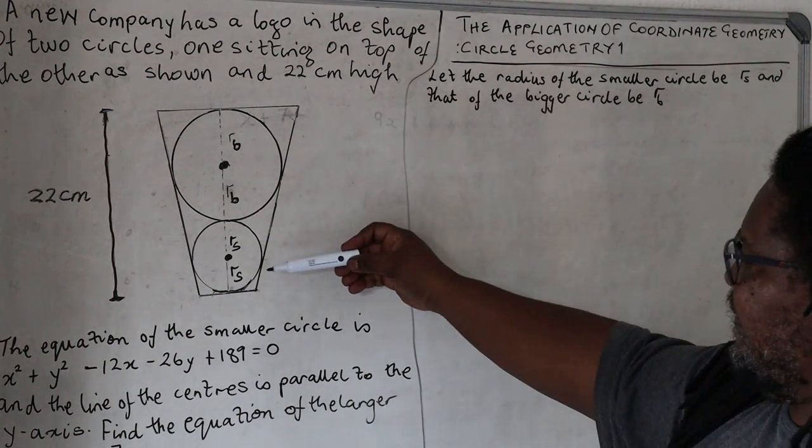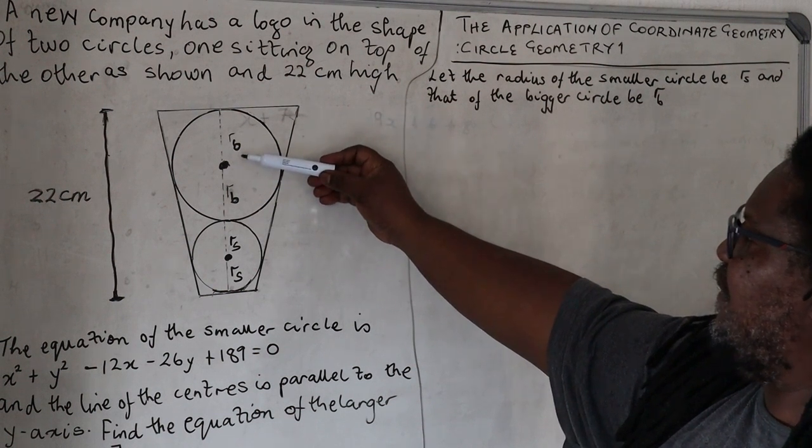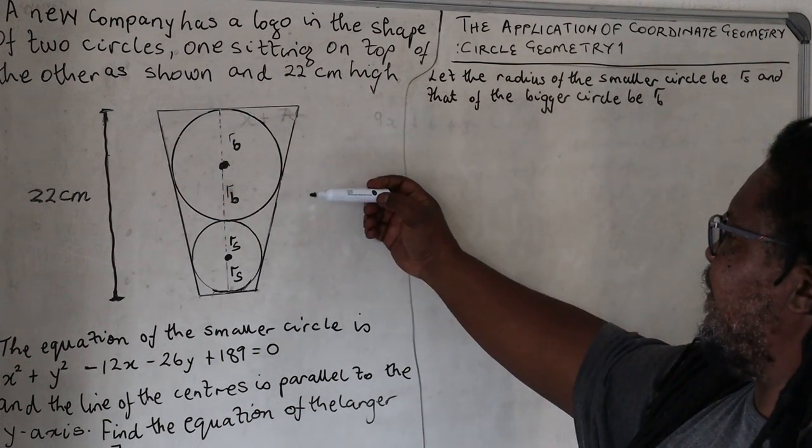So then you can see that RS plus RS plus RB plus RB is equal to 22 centimeters.